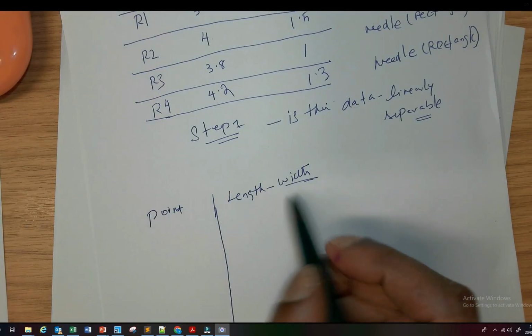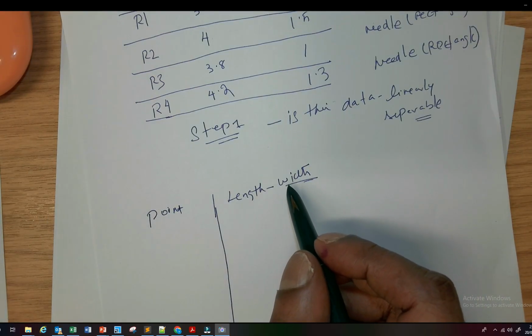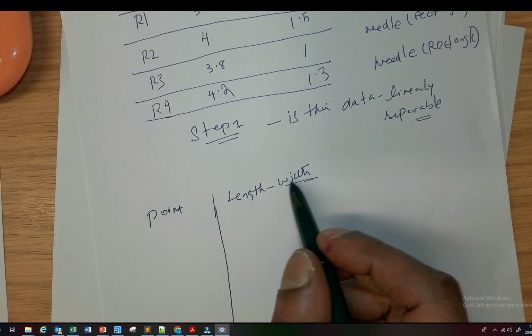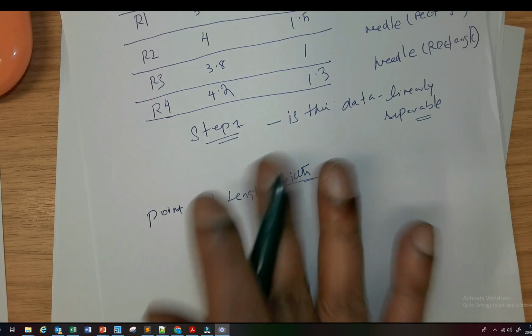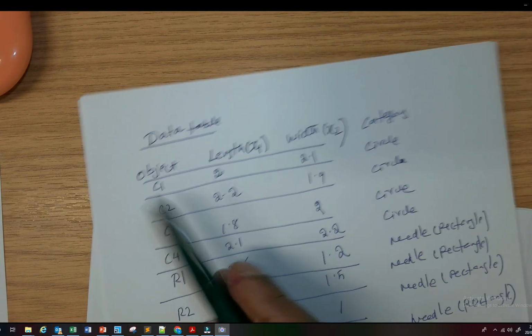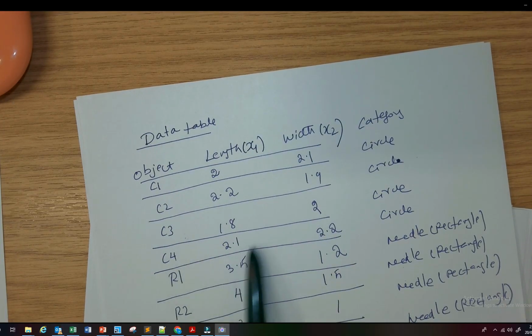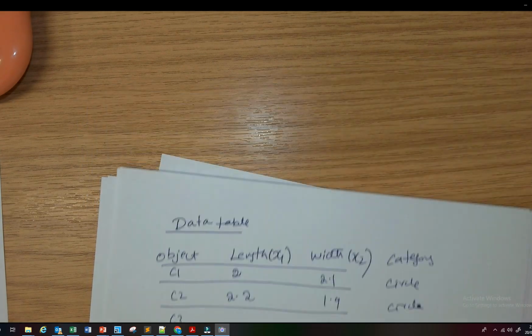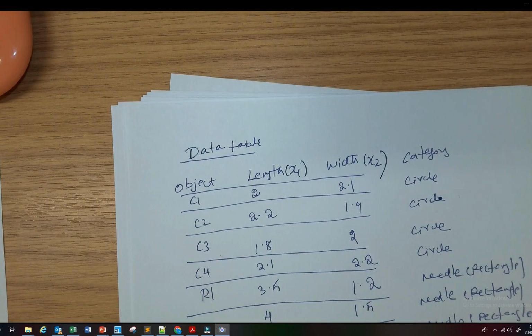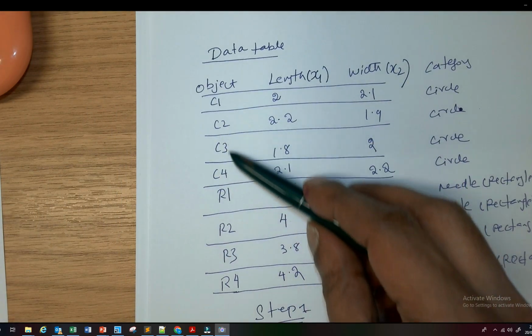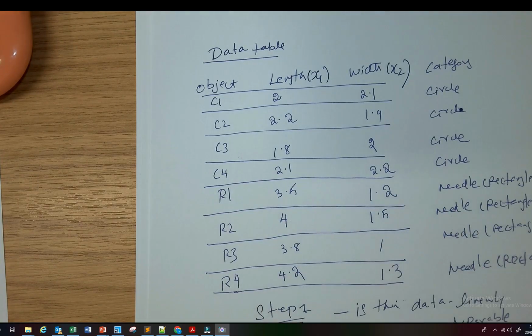I calculated it already, so I can give the values directly here: for C1, 2 minus 2.1; C2, 2.2 minus 1.9; C3, 1.8 minus 2; C4, 2.1 minus 2.2. And for each data point we have labels, C1 to C4 and then R1 to R4.